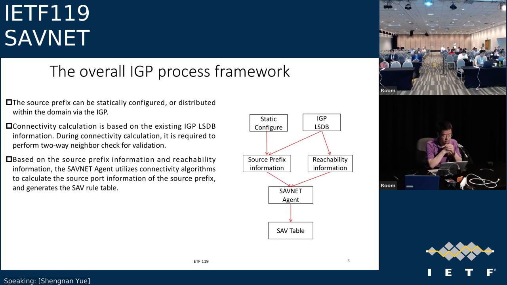Of course, if we don't need that function, we don't need to extend the IGP or the BGP. And if we don't extend the protocol, it may be more useful for the simplicity of deployment.